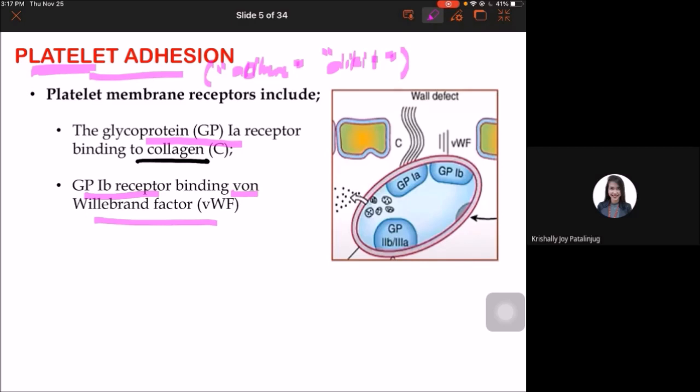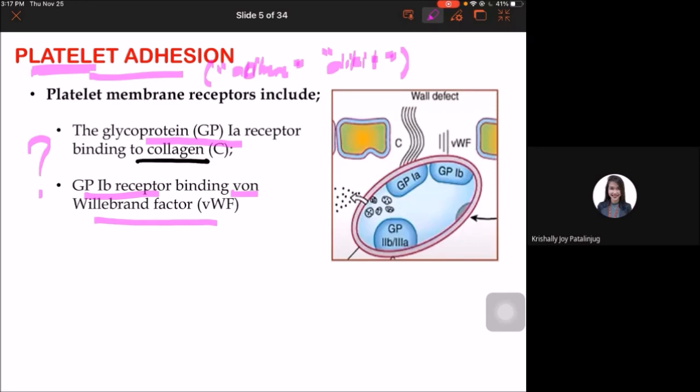Okay, so again, glycoprotein 1B receptor ng platelets na makikita sa platelets, ang action niya is to bind to von Willebrand factor. Okay? Now with this, somehow, magtatanong na tayo, ano ba ang relevance ng platelet adhesion sa mga receptor na na-mention?